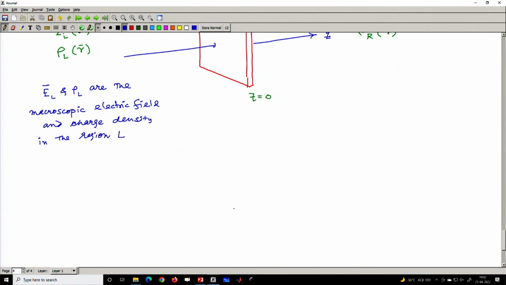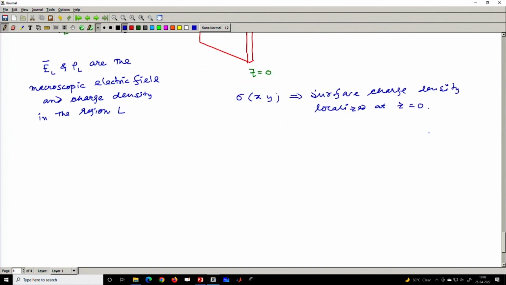In a similar way we have them on the right side. And rho, as I already mentioned, is a surface charge density, so rho of x y is a surface charge density localized at z equal to 0.